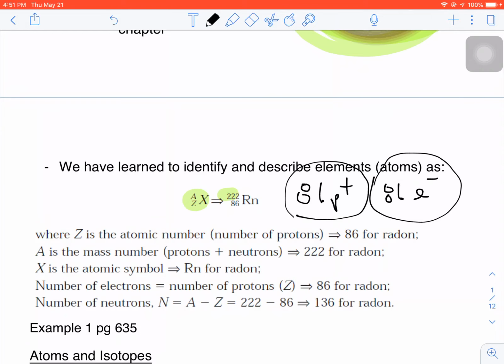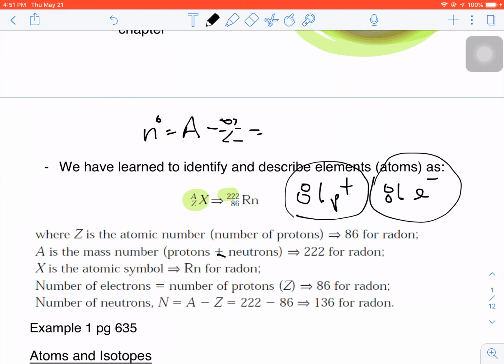So if the mass is 222 and 86 are protons, then I can calculate the number of neutrons here by taking the atomic mass number, which is the A number, minus the number of protons, which was the Z number.